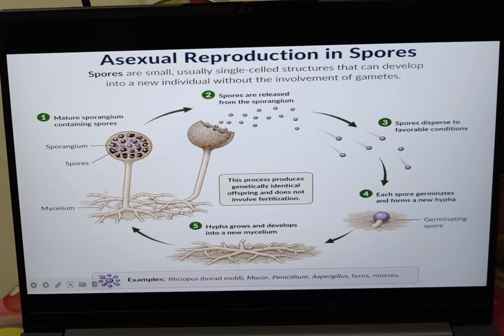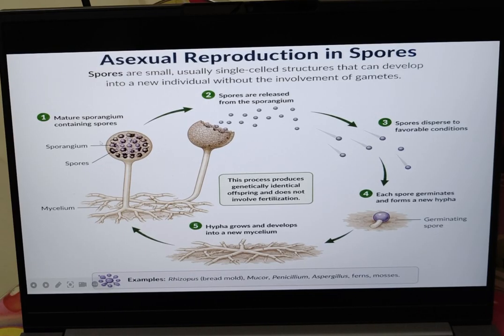So I told you this is the structure of a fungi. You can find certain root-like structures. All these roots together you call mycelium, and a single structure you call hypha. This hypha you call sporangiophore.